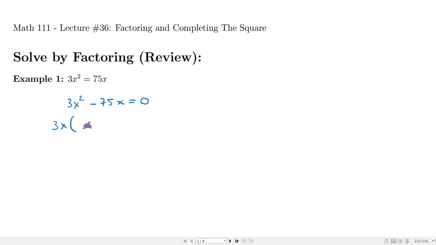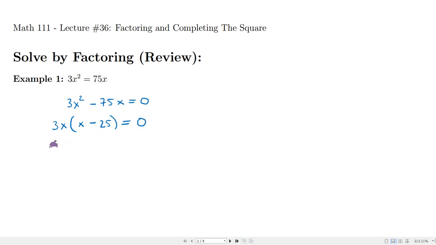So if I factor out 3x out of the first term, 3x squared, we'd be left with an x. If we factor out 3x out of negative 75x, we'd have minus 25, and that would be it, right? Because 3x times this would be minus 75x. Okay, so this is equal to 0.